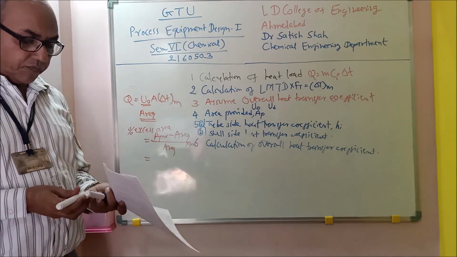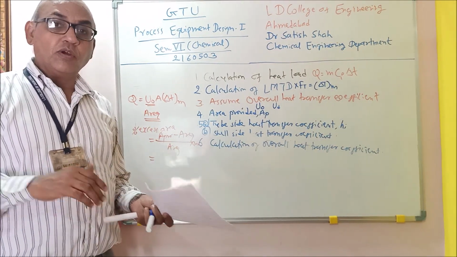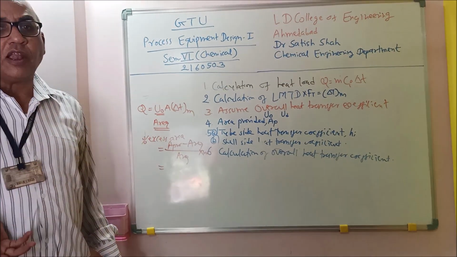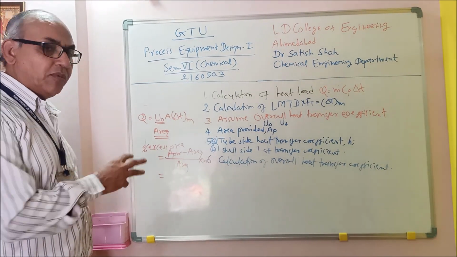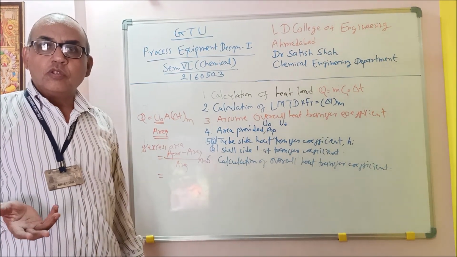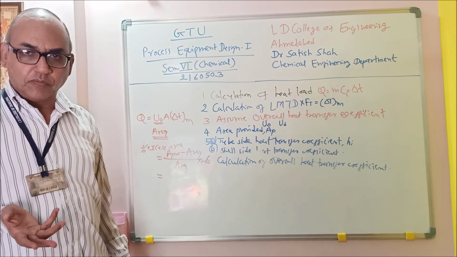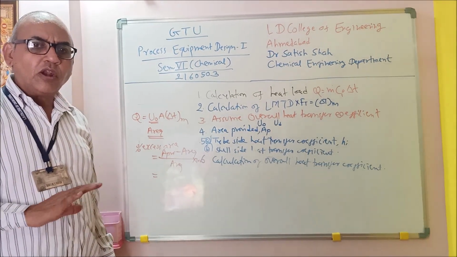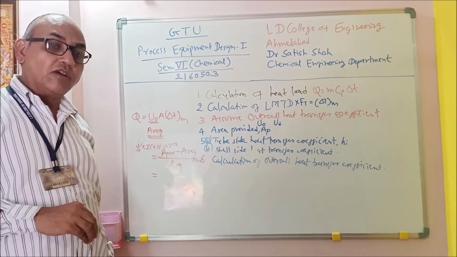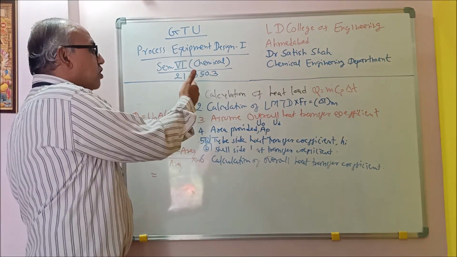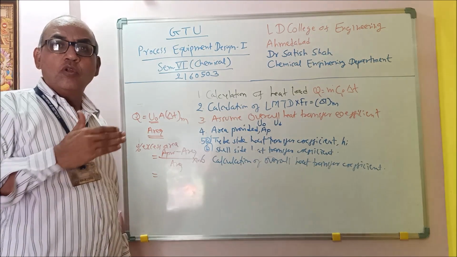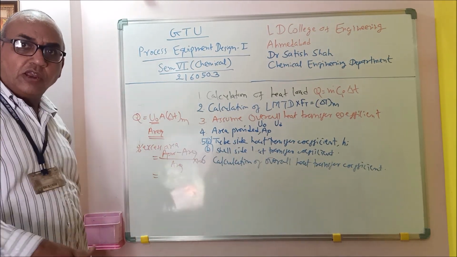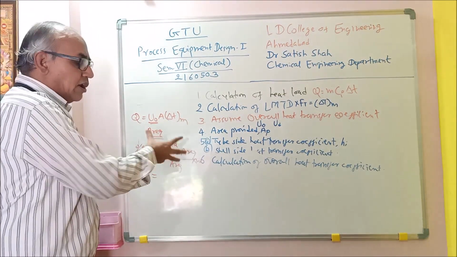Whatever value you get, it is our standard practice that if you get between 10 to 20%, then we can say that our design is okay. But if it is minus, we will again proceed further: we will again assume a value of U, calculate everything again, and reach some plus value.